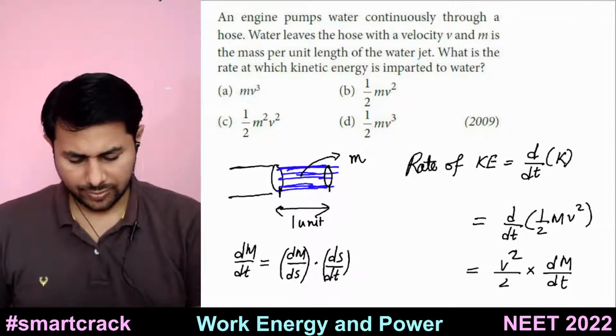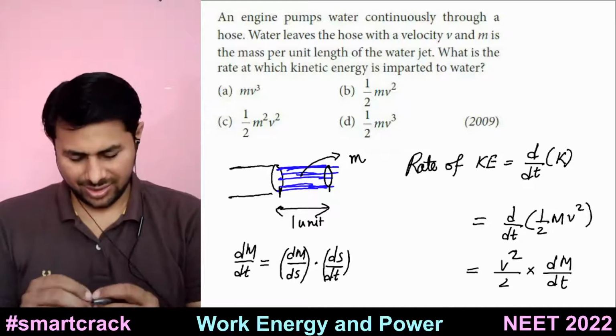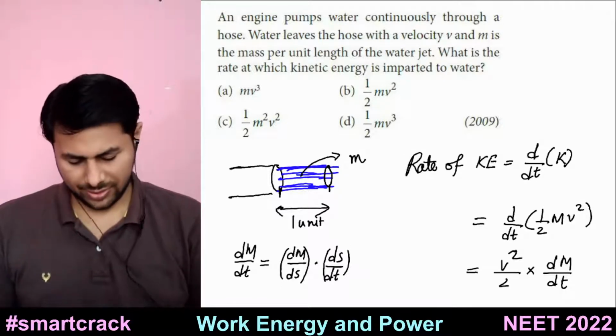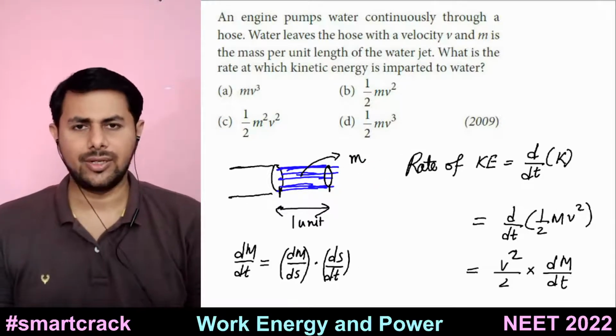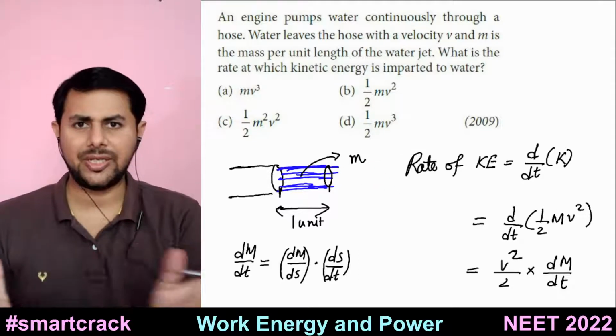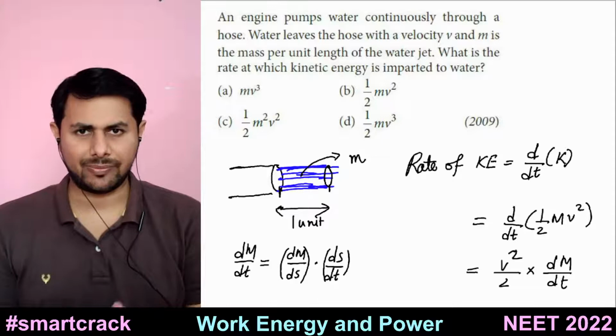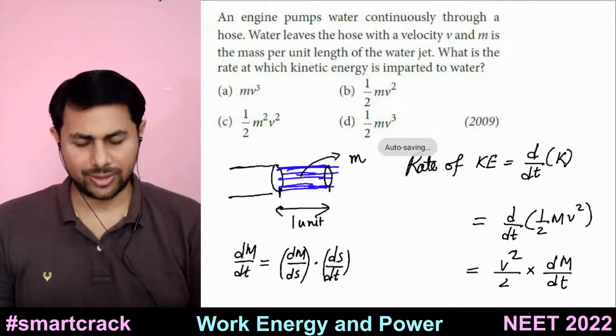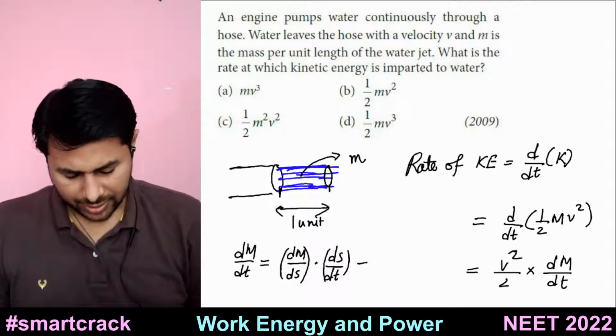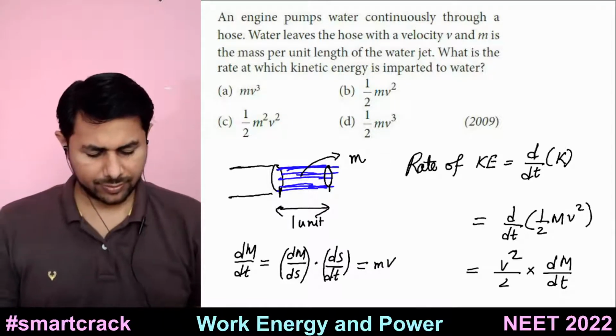Mass is a variable of s, so dm by ds is given, it is equal to m, the mass per unit length being ejected. And ds by dt is the velocity v. So this is equal to m into v.